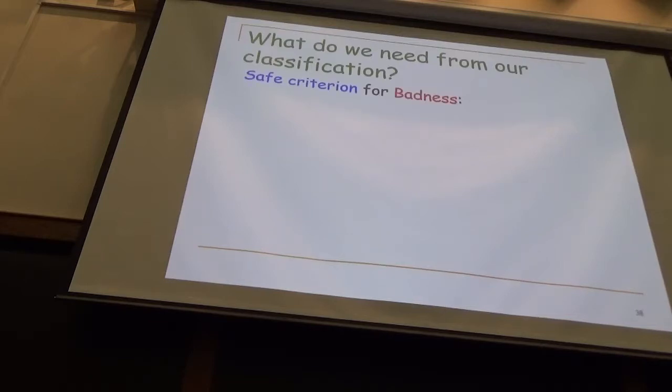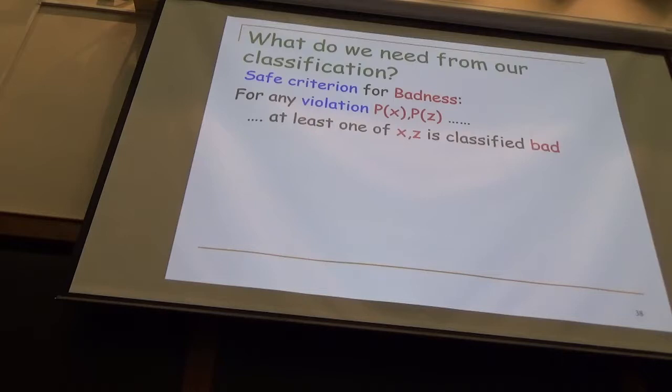So what do we need from the classification? We need two properties. We said that we wanted the points declared good to be an increasing sequence. For badness to be a safe criterion, remember a violation is a pair of points out of order, so your badness has to classify one of those two points as bad.